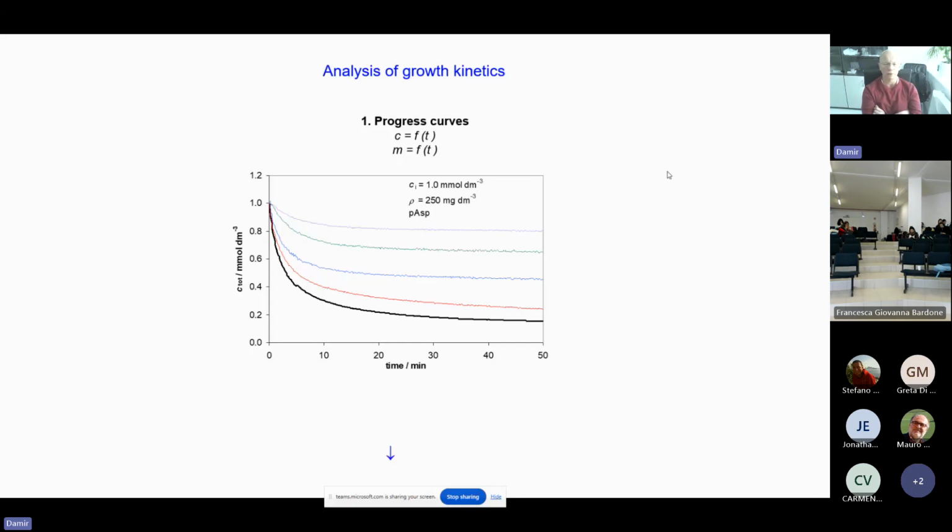You can actually obtain the activity that should later be used to calculate the total concentration. Here on this slide, you can see several progress curves. They show that the process can go relatively fast to the equilibrium, or the equilibrium value can be a bit different.